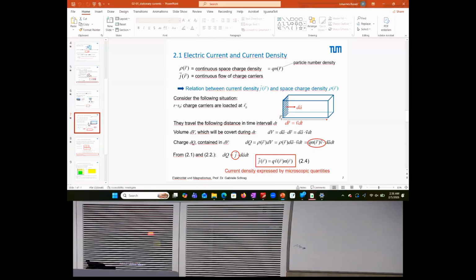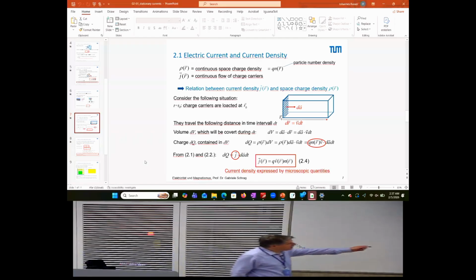And this here, if you now take the delta A and delta t, you separate that again, because you know this will be basically then your current density J. So this is also a vectorial field.